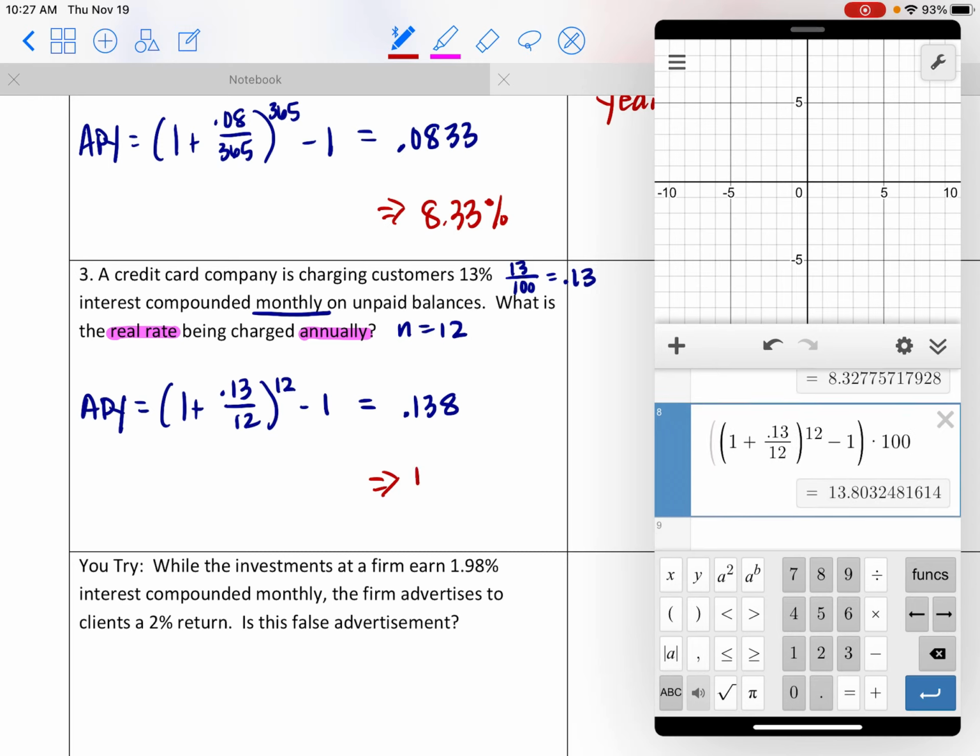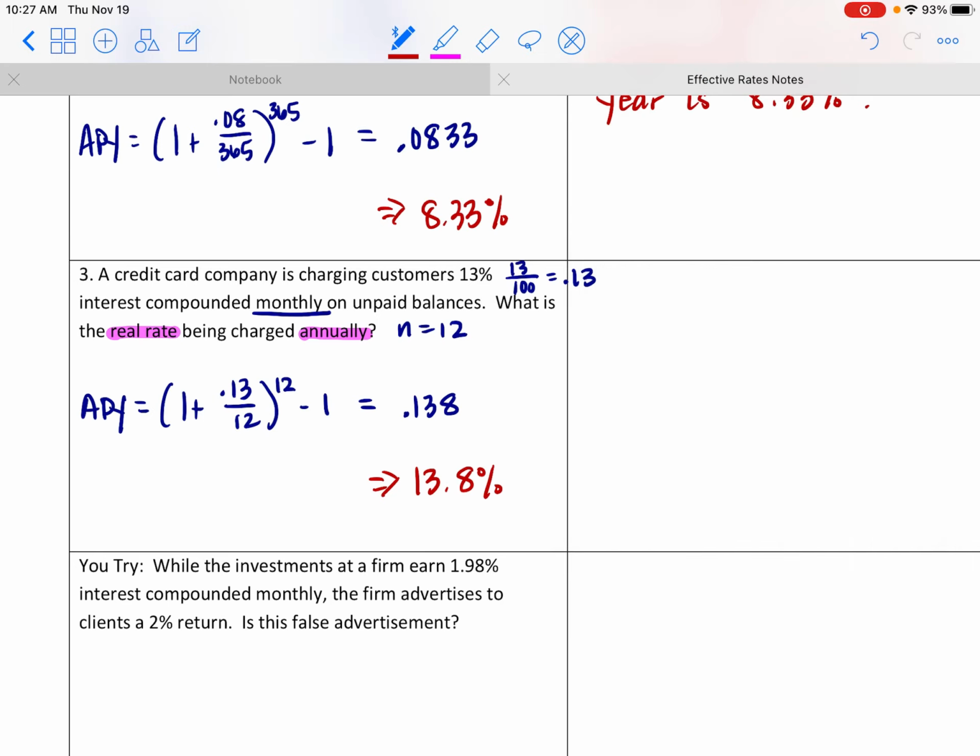That is 13.8%. So customers are thinking they're being charged 13%, but because the interest is compounded monthly, at the end of the year, those unpaid balances are actually accruing 13.8% interest.